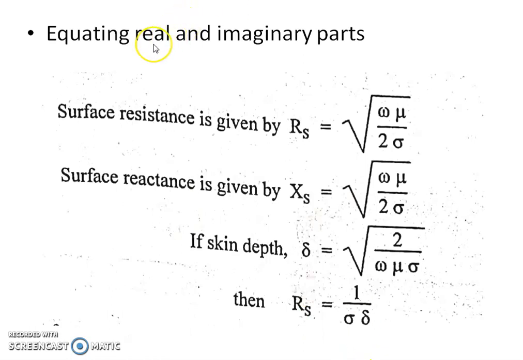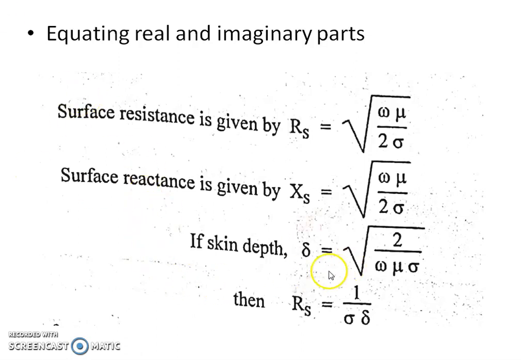So equating the real and imaginary parts of the equation, we get Rs, the surface resistance, equal to root of omega mu divided by 2 sigma, and the surface reactance is given by Xs and it is equal to root of omega mu divided by 2 sigma. It is similar.